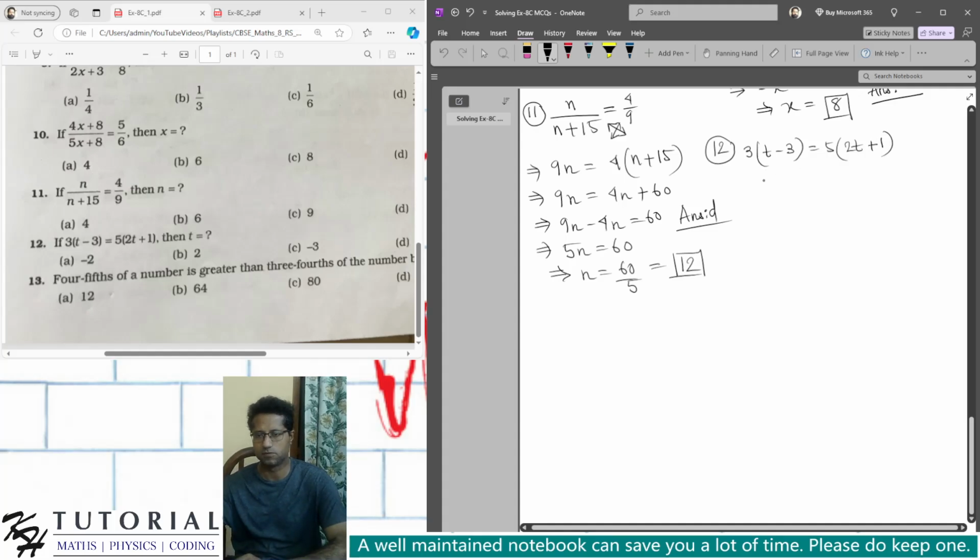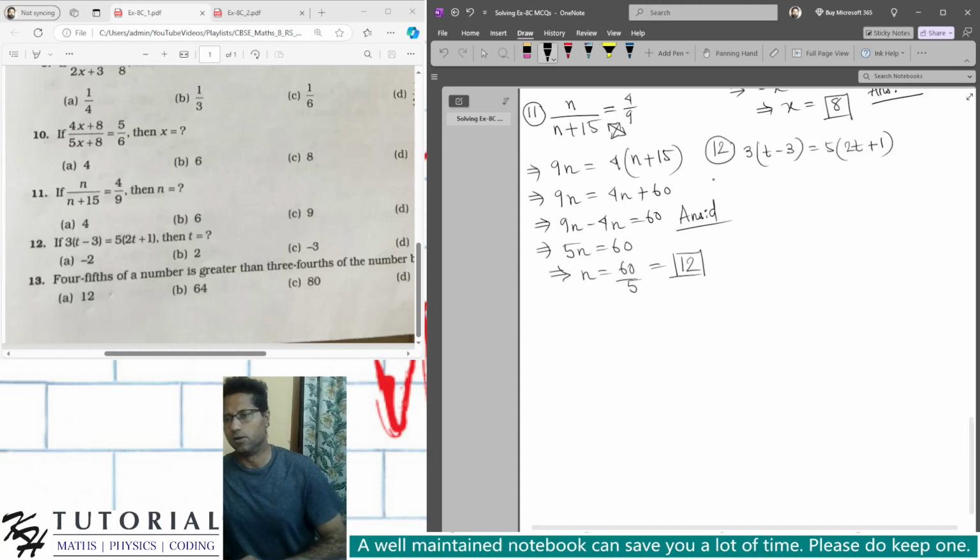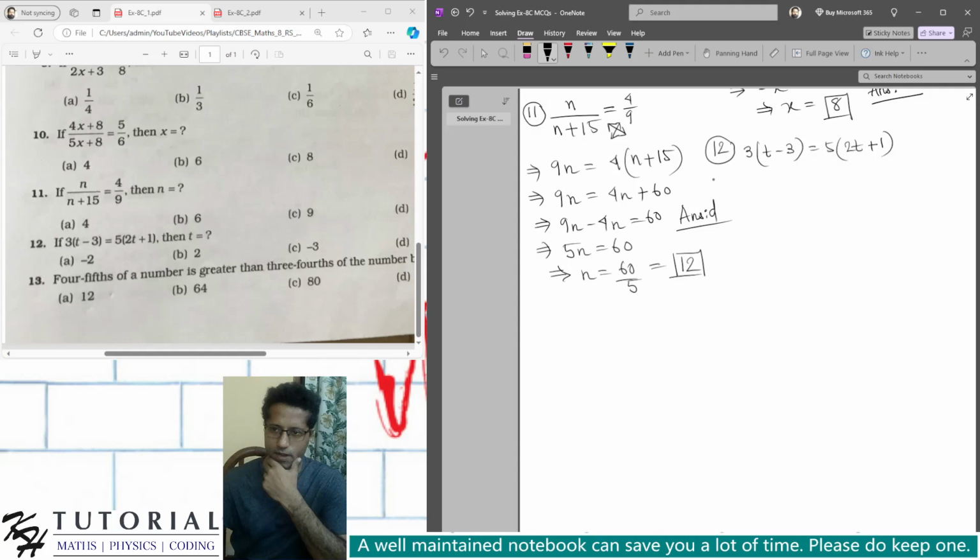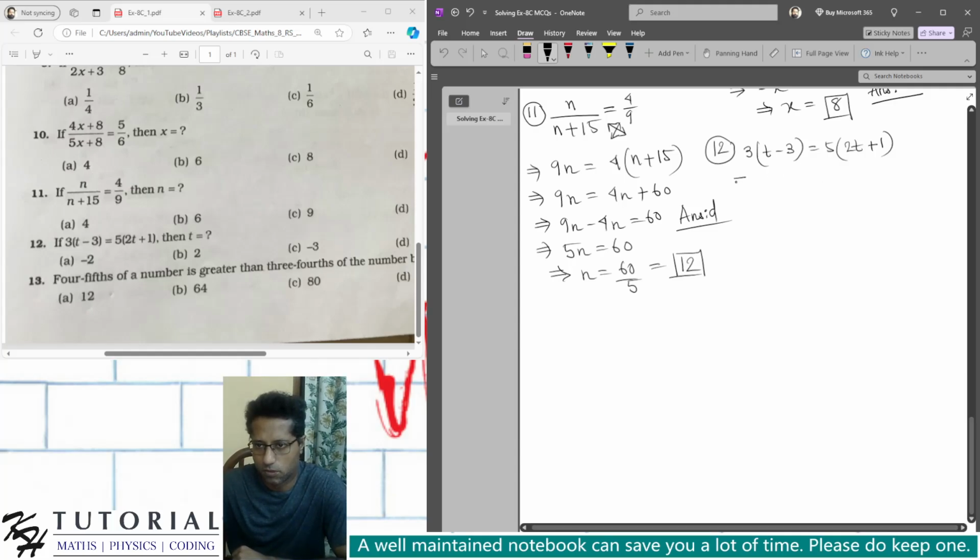So this is a linear equation not in a simple form, but since we are having the products, we will do the products on both the LHS and RHS and open the brackets, and we get 3t minus 9 is equal to 10t plus 5.